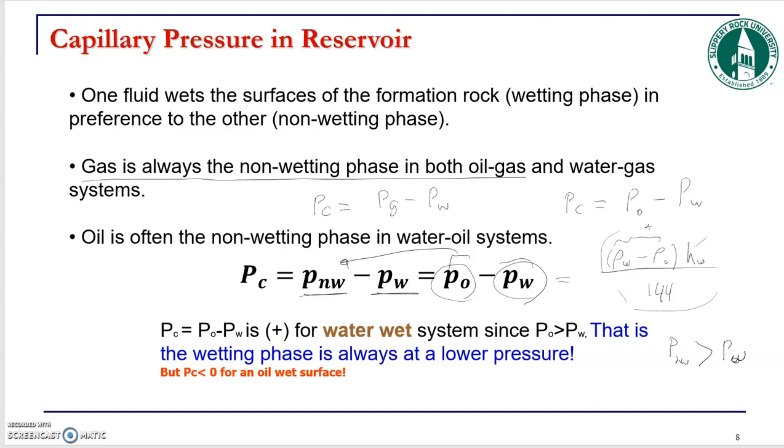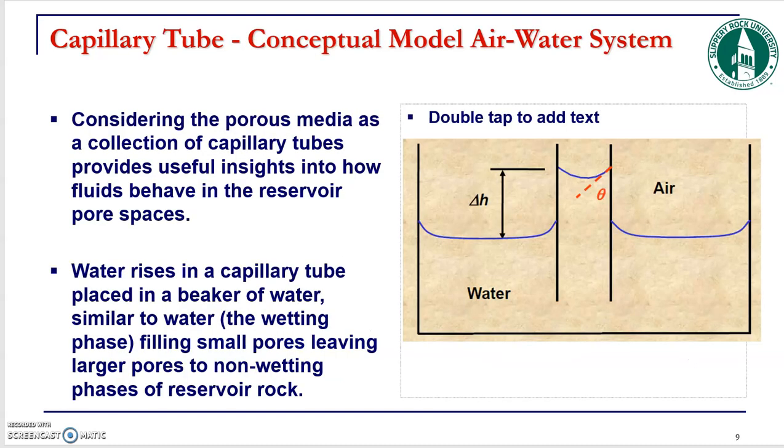All right, so now let's continue, and we want to talk about what implication it has in terms of reservoir engineering. So to make it a simple case, you can consider the rock as a bundle of capillary tubes. We did this example when we were defining the permeability, right?